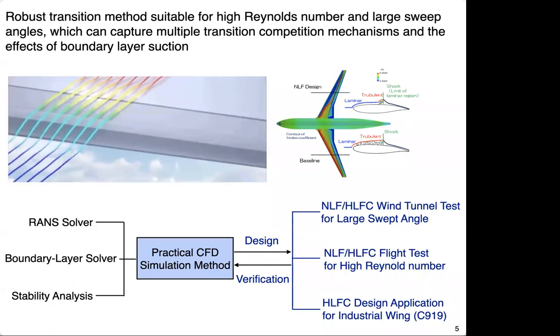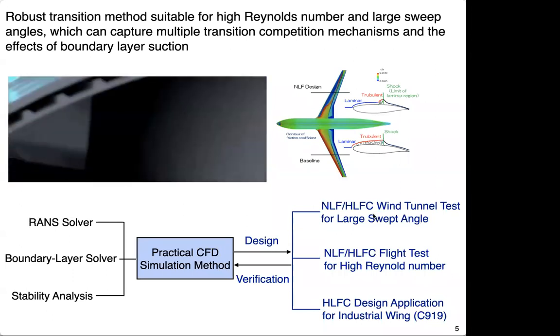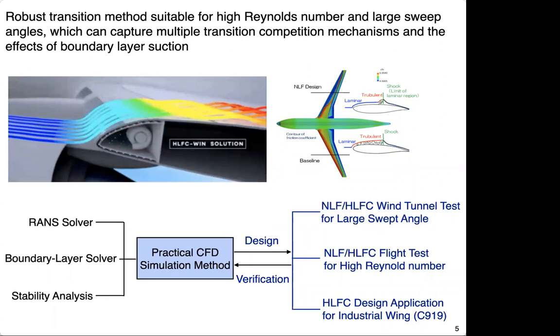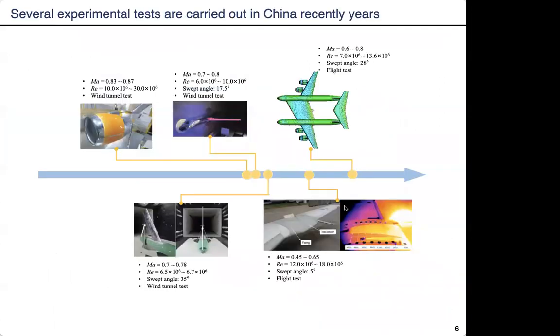And meanwhile, those valuable experiment data were applied for the calibration of the transition prediction method. Here are several experimental tests carried out in China in recent years. And these are 4 experimental tests that I have participated in.